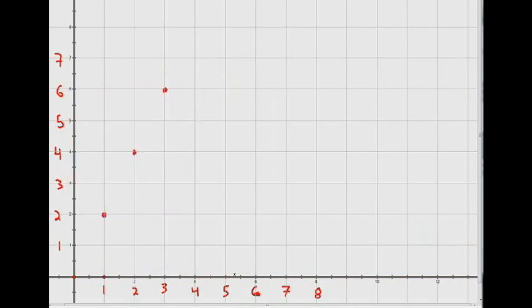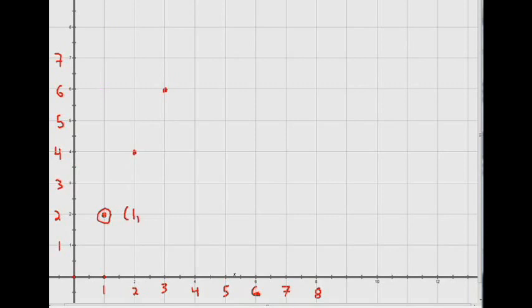The next thing we're going to do is work backwards. Here we're starting with our points on our graph. The first thing I want to establish is, what are these points as ordered pairs? In other words, where those red dots are, what is the x value and what is the y value? If we look at the first dot there, we can see that that dot is on the line x equals 1.